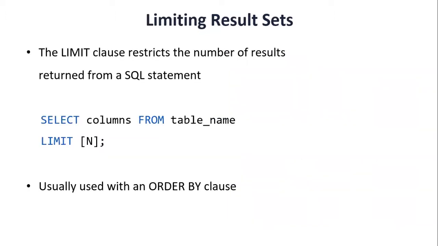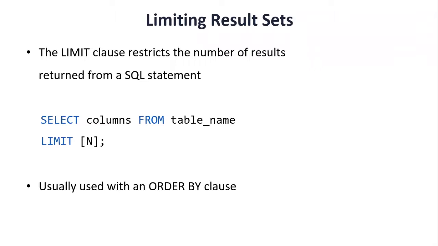And there's another command related to this order by command, that is limiting the result set. For that, we have a keyword limit that restricts the number of results returned by the SQL statement.